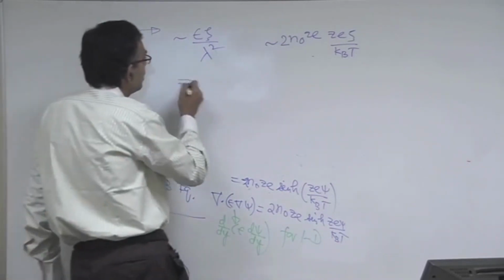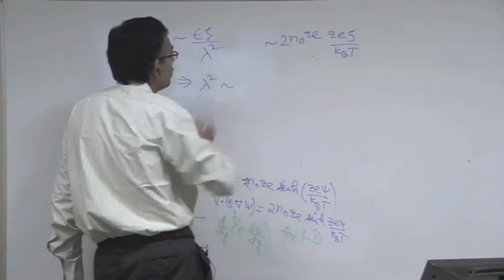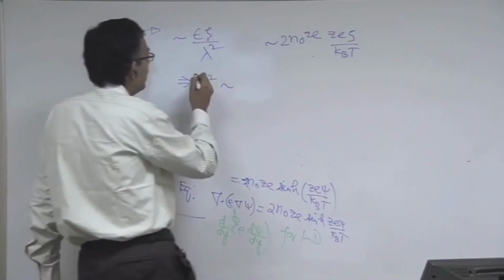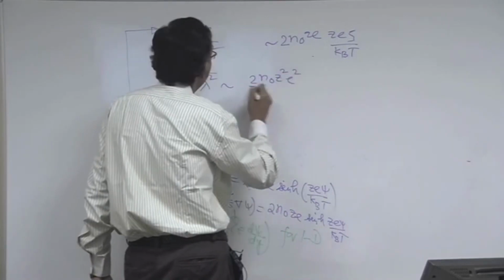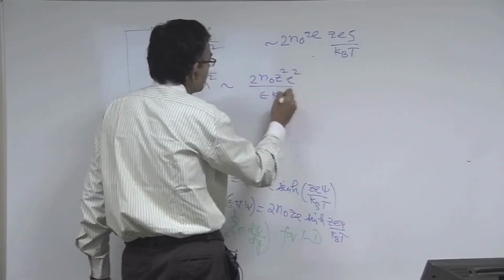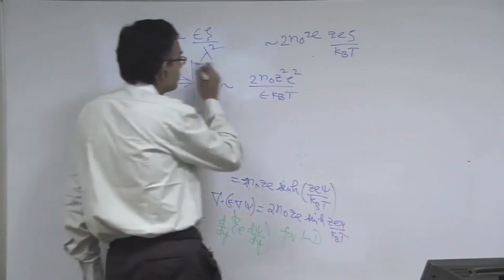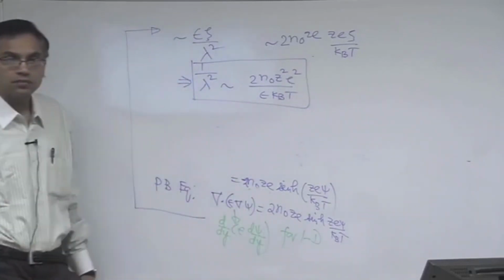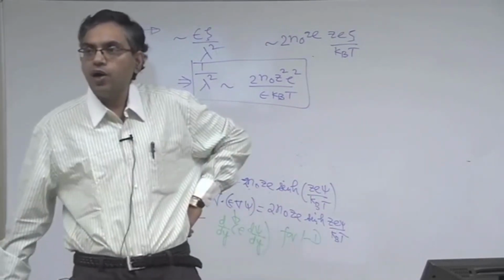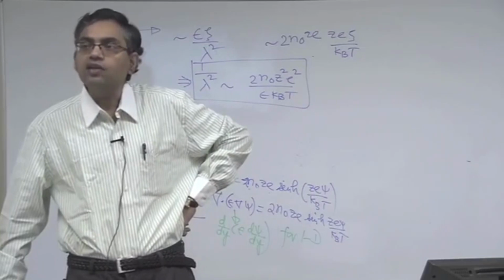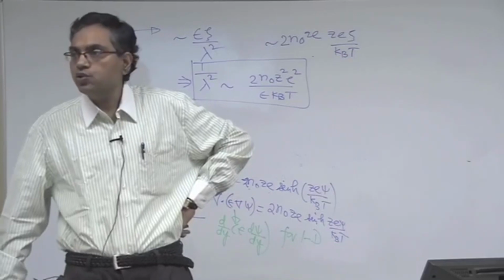That means 1 by lambda square is of the order of 2 n0 Z square e square by epsilon kBT, right. This order of magnitude estimation is very important because it tells us how thick the electrical double layer will be in terms of an order of magnitude of the characteristic dimension.